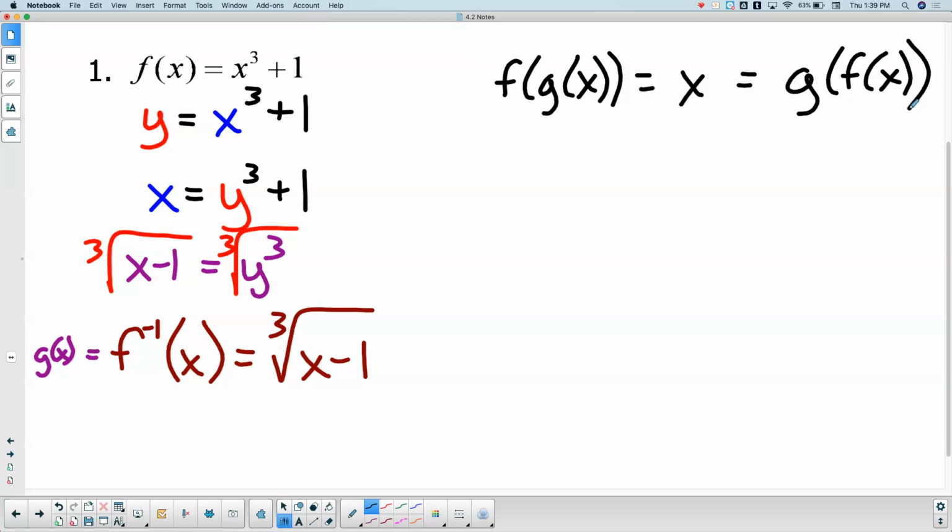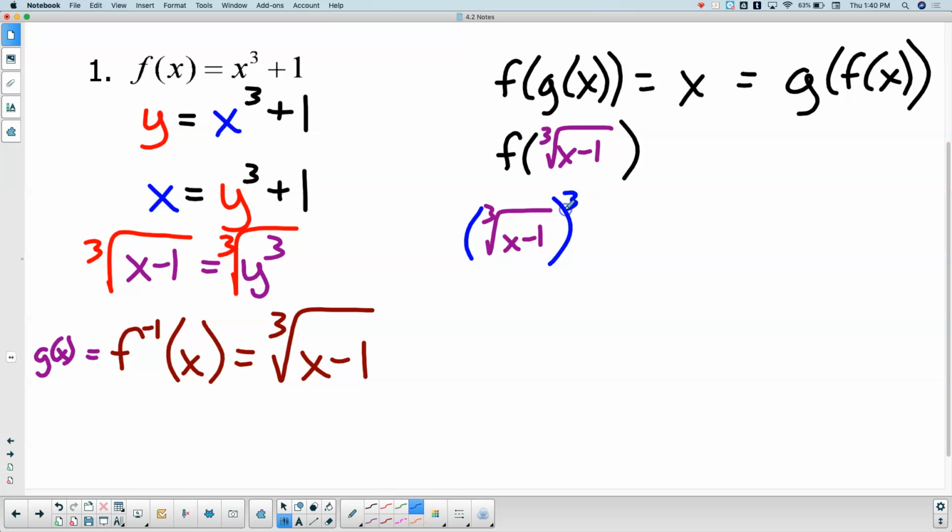So if I put g into f, that's going to be the cube root of x minus 1, cubed, plus 1. That's going to be x minus 1 plus 1. That's going to be x, which is equal to x.